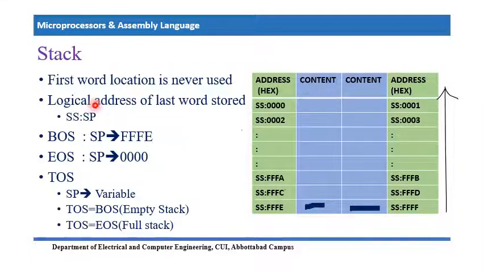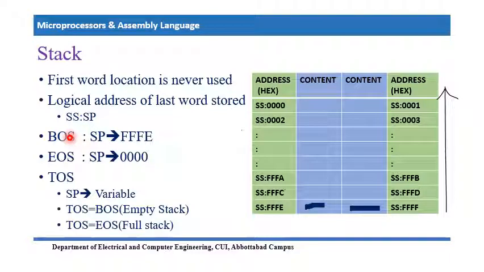Then the logical address of the last word stored in the stack is stack segment colon SP. If you are interested to know the logical address of the stack pointer or stack value at any instant, it can be given by two registers: one is the stack segment register and the other is the stack pointer.